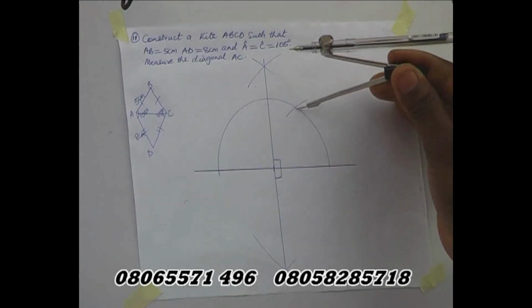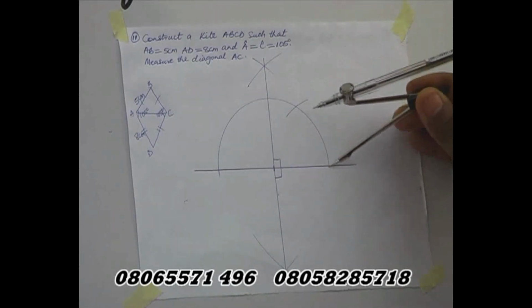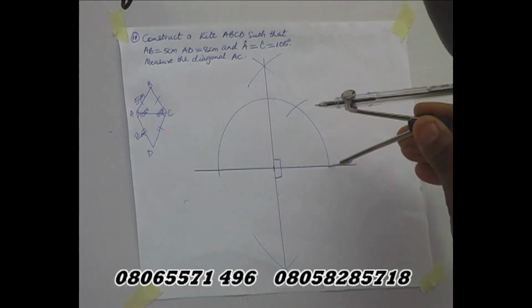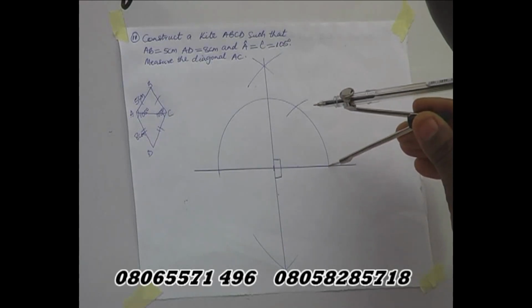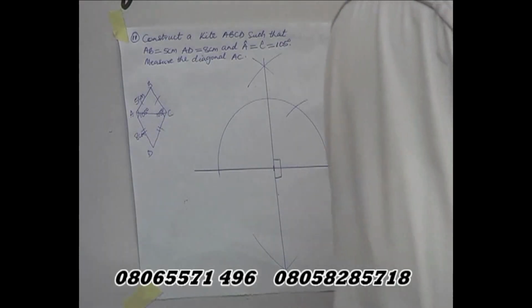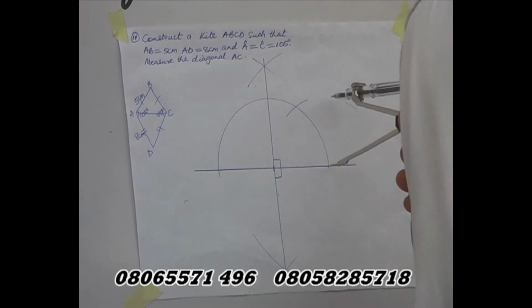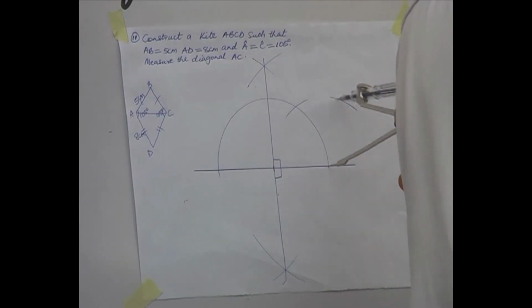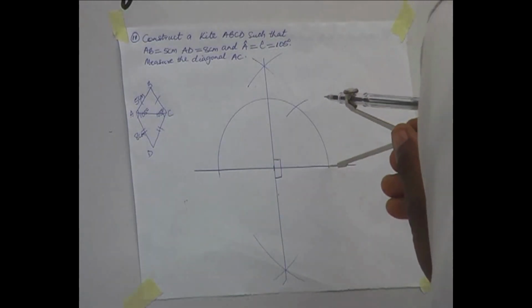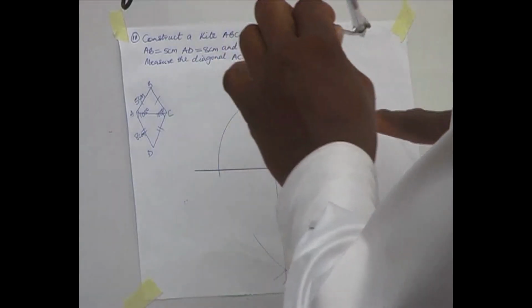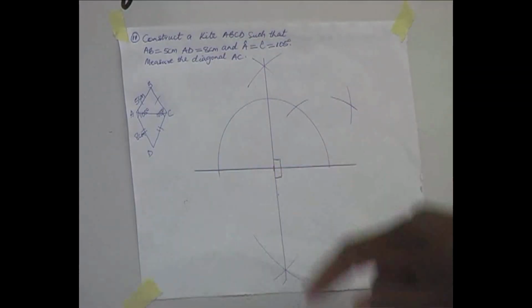Now I want to bisect this angle. If I bisect this angle now, I will get 30. With a given radius, make an arc here, with the same radius, unadjusted. Now join this point and this point with your ruler.